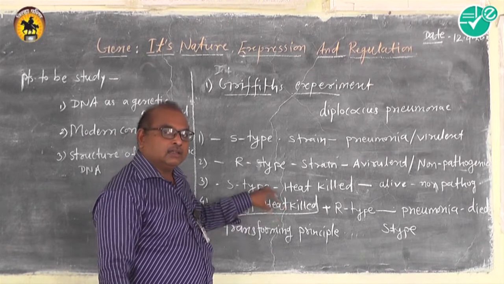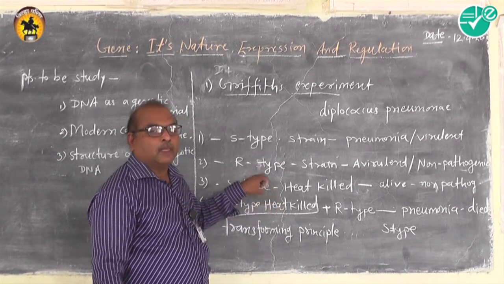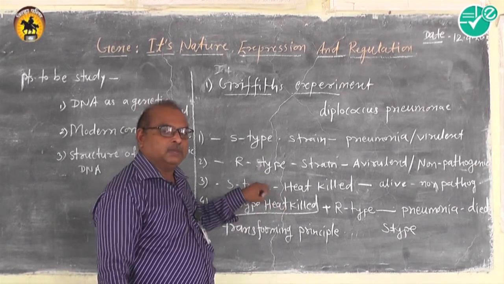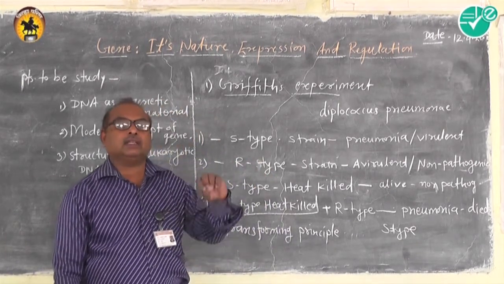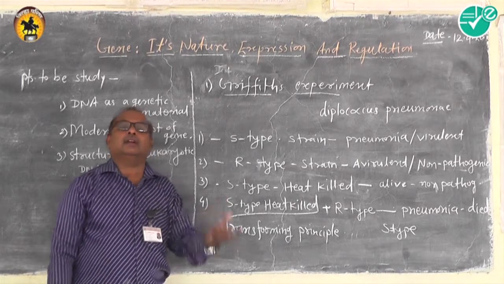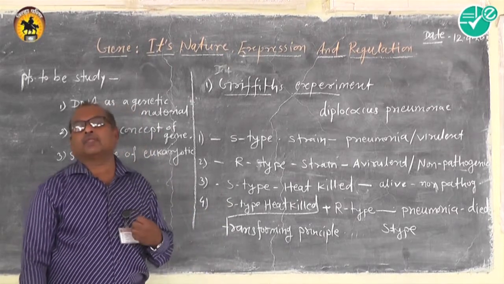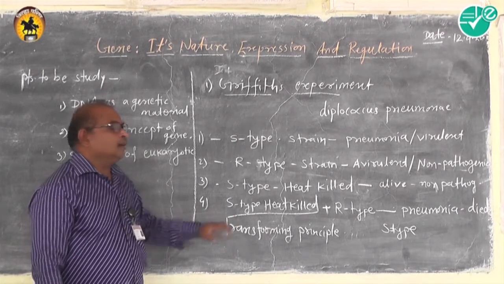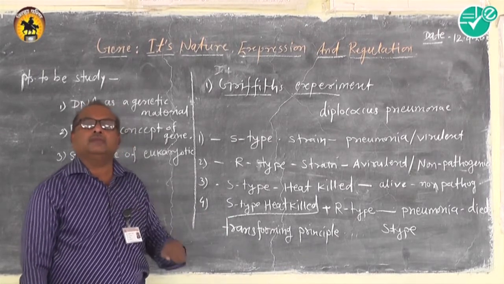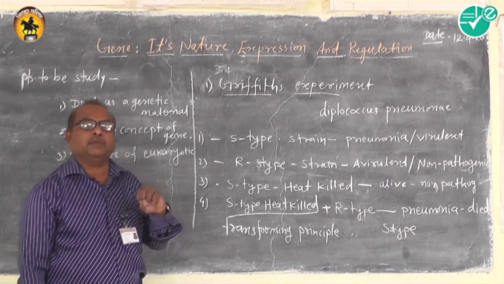This is the something which Griffith stated in his principle, in his transformation. One form of the strain, the R-type strain, gets transformed into S-type, and Griffith gave the conclusion of a transforming principle.